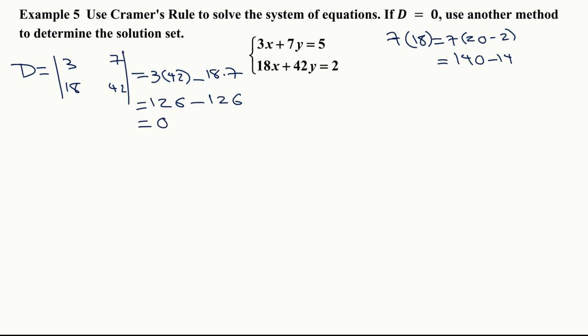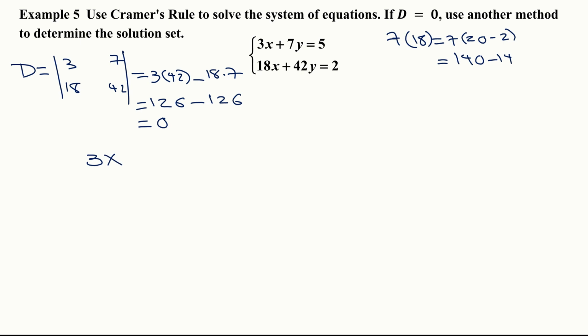So that means you should go ahead and try another method for solving this system. It usually indicates that you're either going to have no solution or infinitely many solutions. Let's see which one this turns out to be.